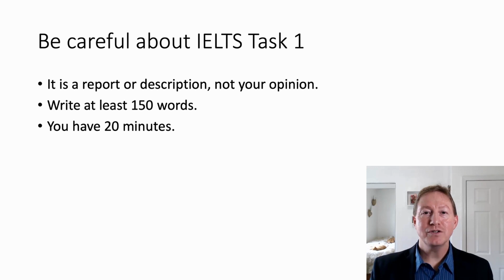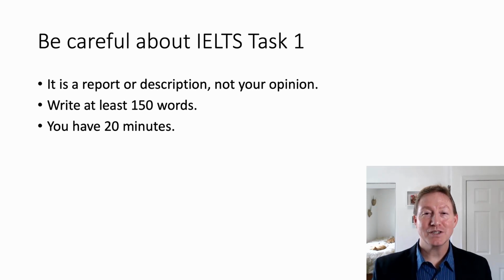Now, before you start writing, remember some things to be careful about. This Task 1 is a report. It's a description. It's you explaining what you see. It is not an essay that explains your opinion. In fact, don't think of it as an essay. You don't need a conclusion for Task 1.